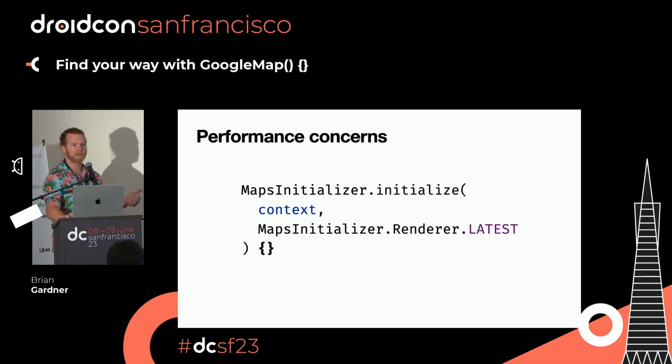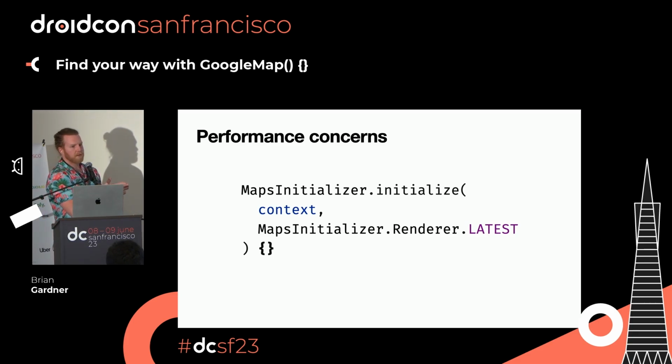It takes a context object because it's doing some stuff in the background. It basically calls through to Google Play services to get the renderer, and the lambda that's passed is a success or failure lambda. Whenever it's done, it'll pass it back. In our case, we didn't care about the results, so we just ignored it.